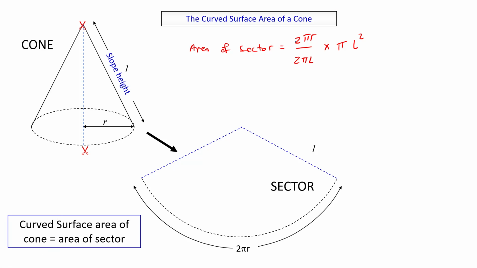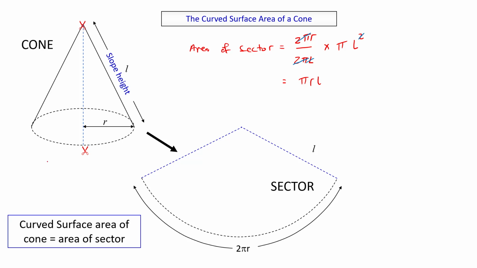I can cancel the 2 pi with the 2 pi there. And I can cancel this L here with one of the L's there. Okay? So that means that our area is given by pi RL. And that's the area of the curved surface of the sector.